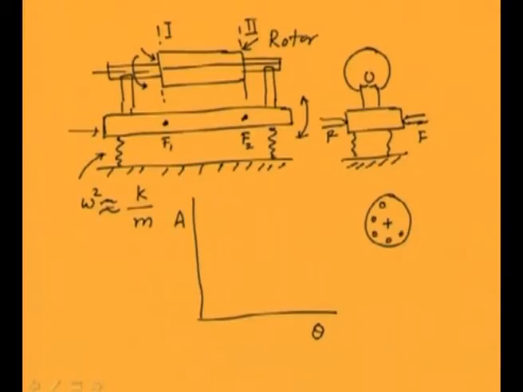Various angles are given, theta 0, 90, 180, 270 like this, and we can put the unbalance at various positions. Let us say at 90, we measure the amplitude of vibration. Let us say it comes this much, corresponding to 90. Then we change the position of the unbalance somewhere else, and we measure the unbalance response. Let us say it comes here.